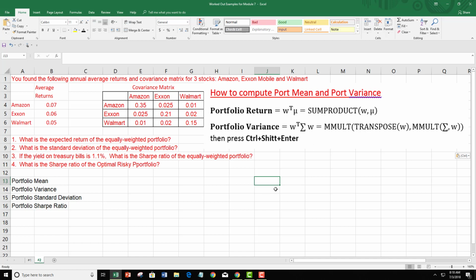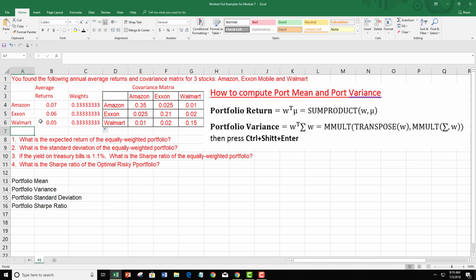So in order to solve this problem, we need to first have the weights. So let's write here weights first, and based on the question, we start with the equal weights because it is asking us to find the mean and standard deviation of the equally weighted portfolio. So therefore I'm going to do equals 1/3 of money being invested in Amazon. Now I can grab it and drag it. That means I'm investing an equal amount of money in each of these 3 stocks.